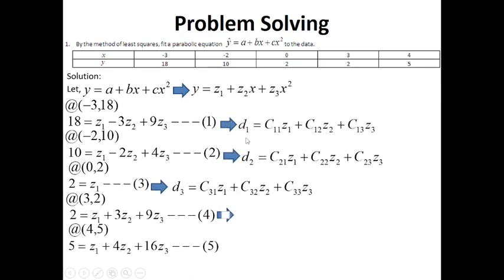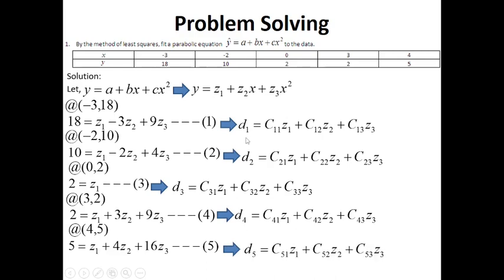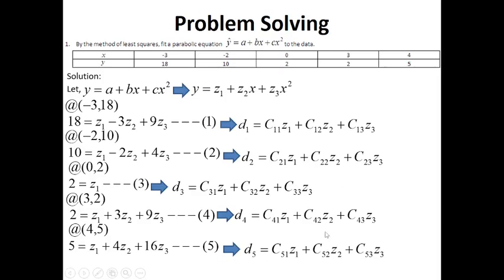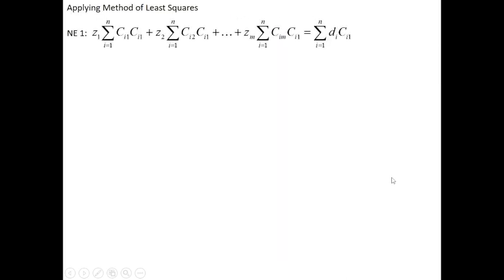So, applying method of least squares now. Okay, so okay na to, no? Here's the first normal equation for n equals 5 and m equals 3.